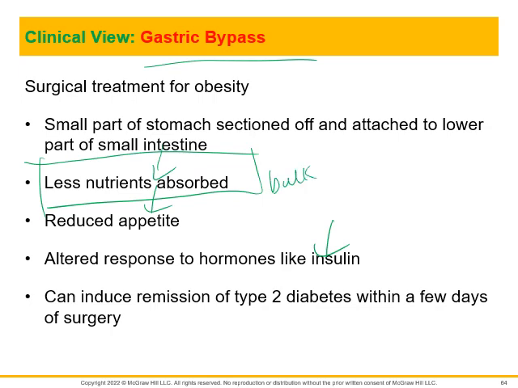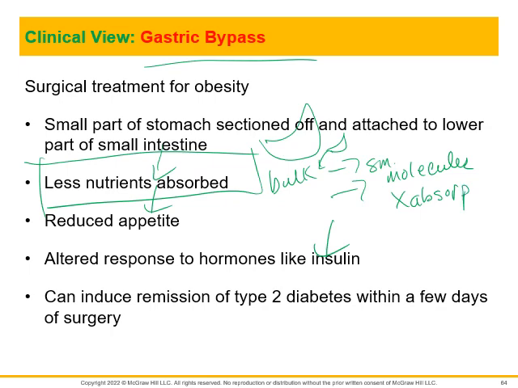Remember, the whole point is we're taking the bulk and we're breaking it down into small molecules. Well, if you have turned the stomach from this into this, you're not going to be able to reduce the bulk food down into small enough molecules to be able to absorb. So you're going to have limited absorption.